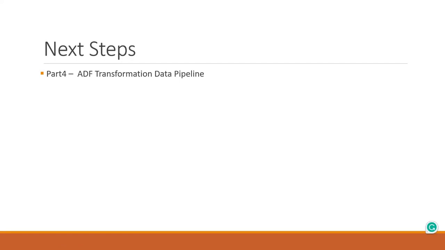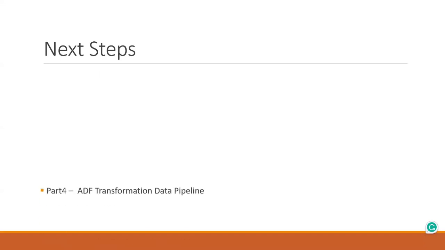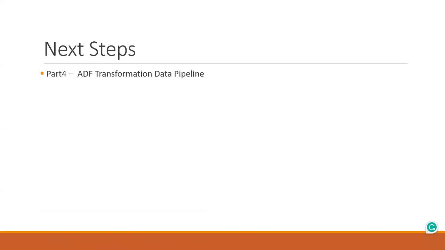Although there is a way to schedule notebook execution through a job. So what is next? In part 4, we will create an Azure Data Factory pipeline and call the Azure Databricks notebook from the data pipeline.